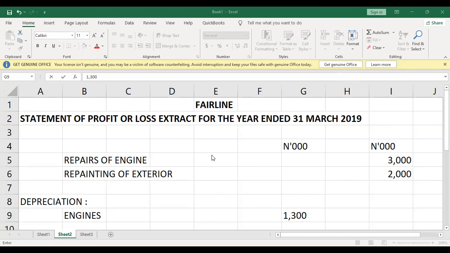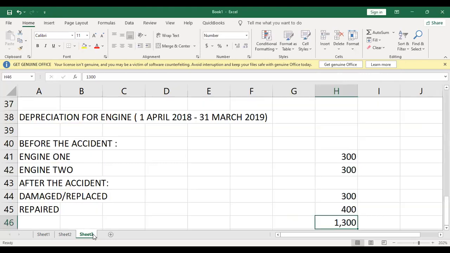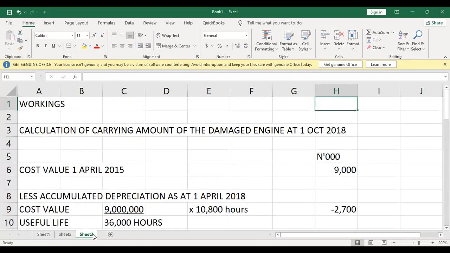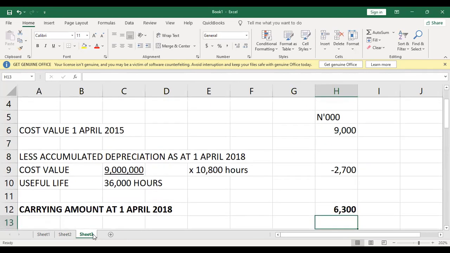Yes, it was before the accounting year. That is accumulated depreciation of the previous years. The reason why we are finding that is so that we'll be able to know the carrying value of the assets as at this year. This is the carrying amount of the assets as at 1st April.